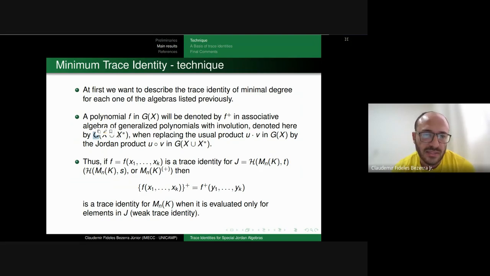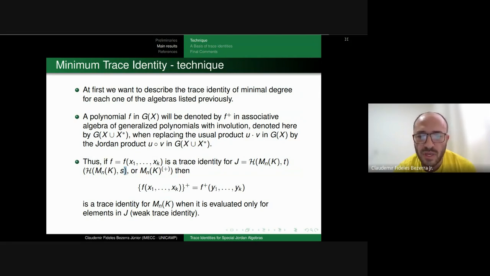In this way, if we consider F a trace identity for the Jordan algebra in this case, or this case, or this case, then we can see, in generalized polynomials with involution, changing the variables x by y1 until yk.